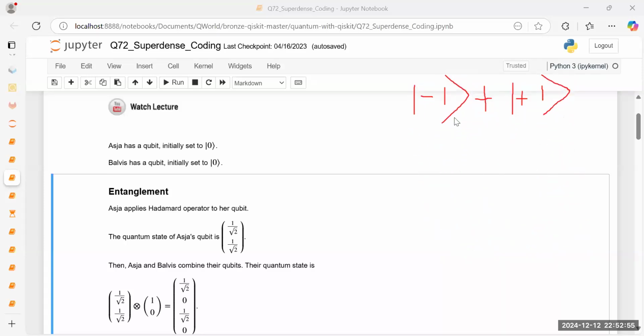So at this point, let's rewrite this. So the minus states, we have 0 from the minus states minus 1 from the minus states.